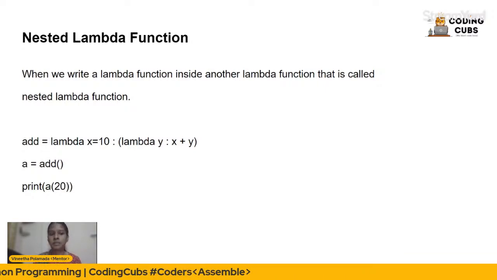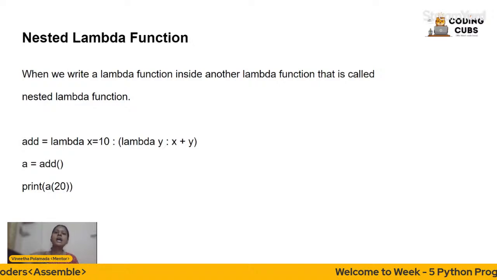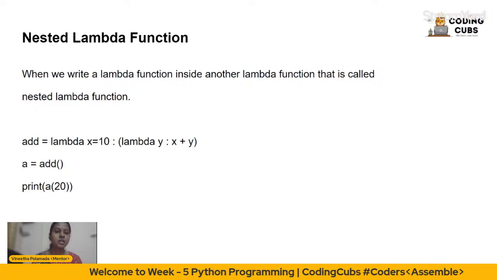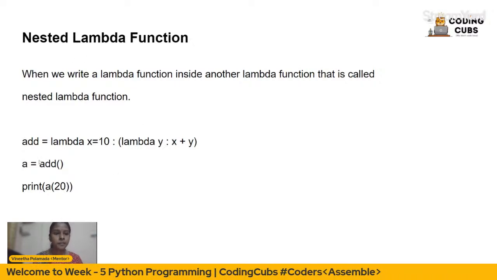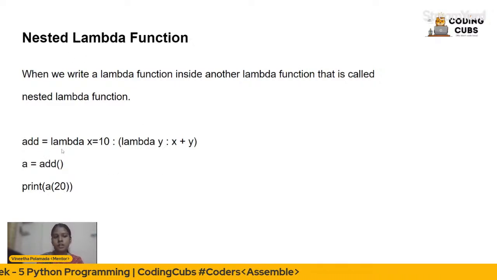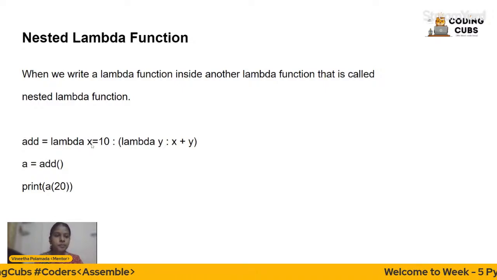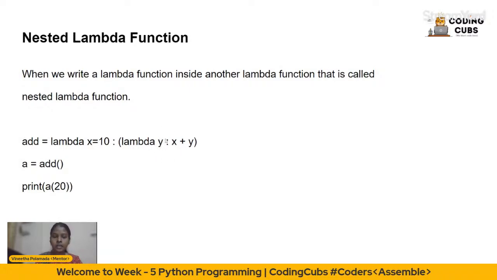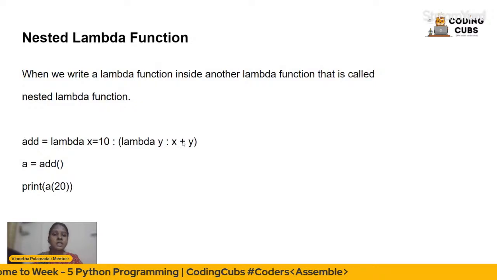Coming to the nested lambda function. Similar to nested functions, a function inside a function, when we write a lambda function inside another lambda function, it is called a nested lambda function. One simple example: in my first function, I'm saying lambda x, where x is my argument, equal to 10. I'm just assigning 10 to it. In my second function, I'm saying lambda y, that is I'll be taking y and performing x plus y.